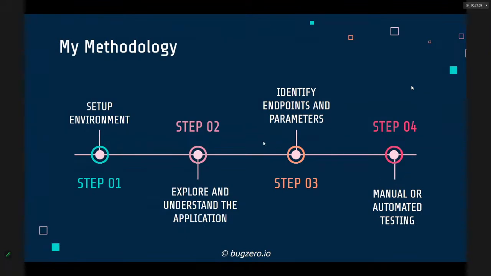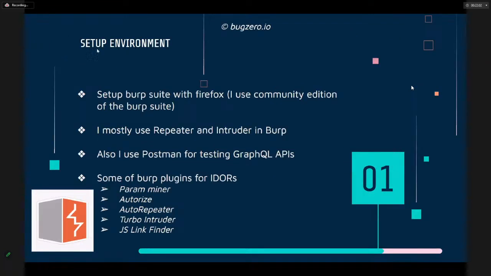So now I'll explain how I set up my environment. First, I have Burp Suite set up with Firefox. You can use any browser; I use Firefox because it has so many plugins for that. You can also use Chrome, Chrome is also good.